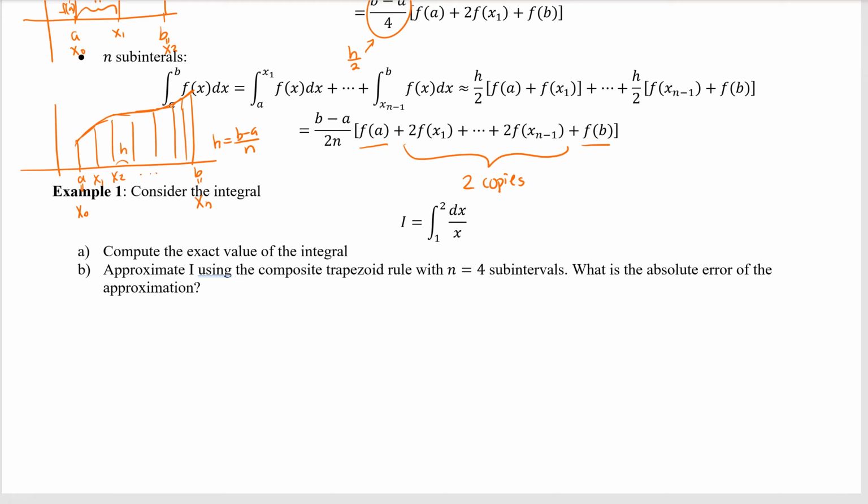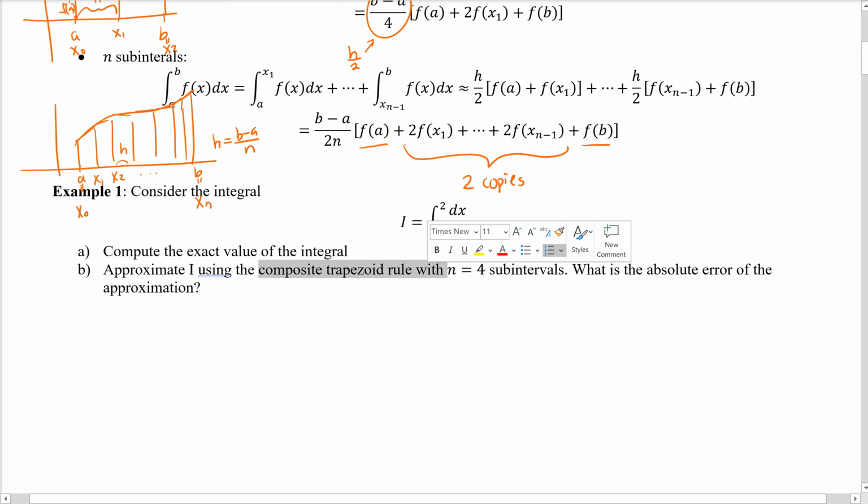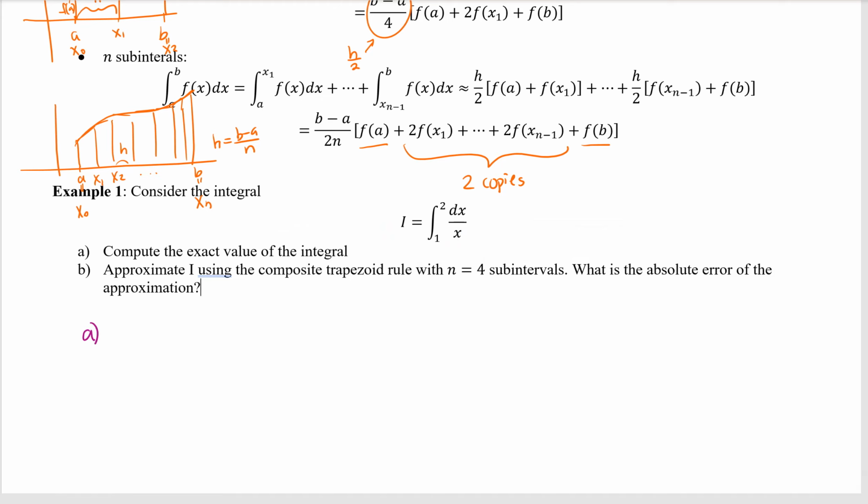What is the absolute error of this approximation? Keep in mind, even though we're able to integrate this integral, for many other integrals that we are not able to integrate, we can still use the trapezoid rule. And here we want to use the trapezoid rule because we want to show you how accurate these answers are. Okay, so A, compute the exact value.